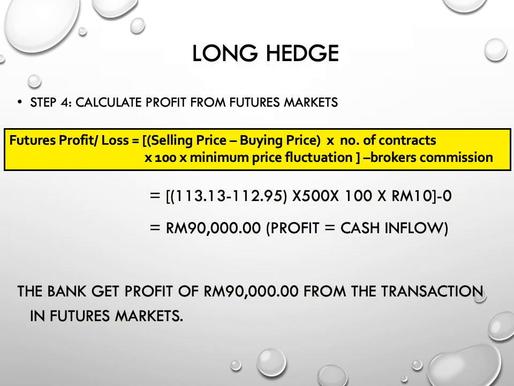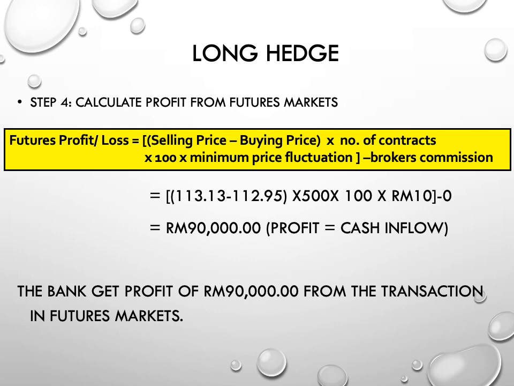Step number 4, you need to calculate profit from the futures market. The formula for profit and loss for FMG is selling price minus buying price, times number of contracts, times 100, times minimum price fluctuation, minus broker's commission. For selling price and buying price, please refer to your hedging table from the previous step.